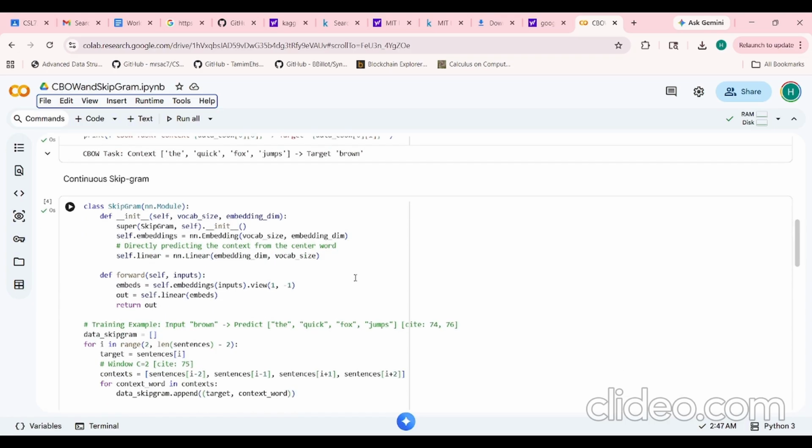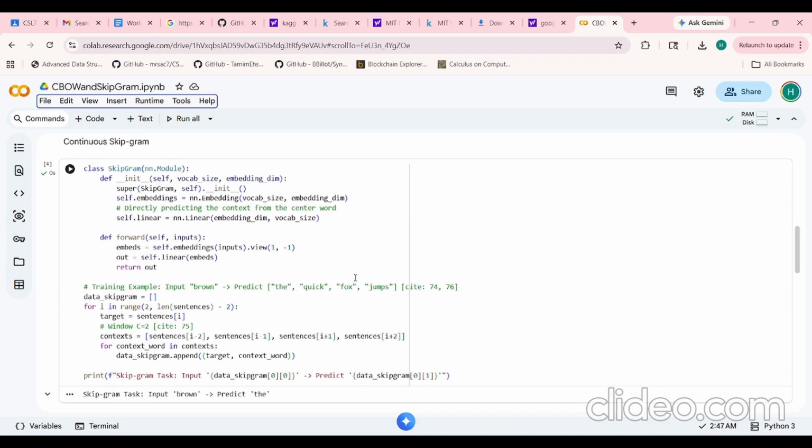Moving to the third cell, we are implementing the continuous skip-gram. If CBOW is about using the context to find a word, skip-gram is about using a single word to predict the surrounding environment. The code architecture remains log-linear, but the data preparation changes entirely. We define a range variable C. In the script, we use a window where R equals 2.